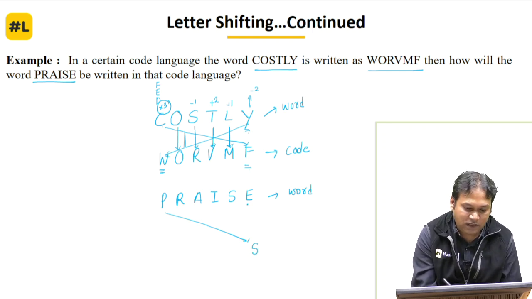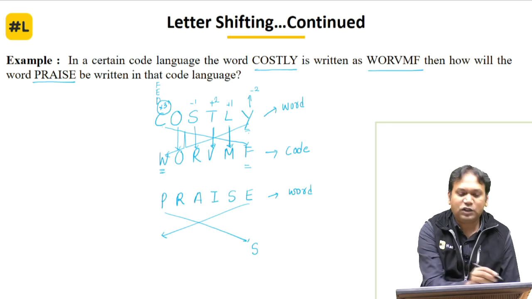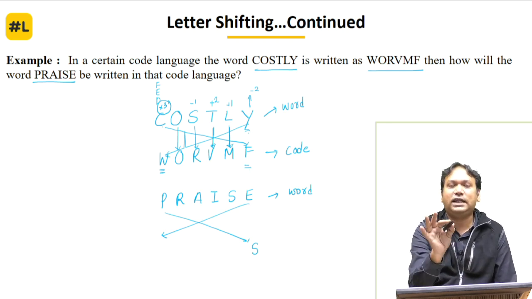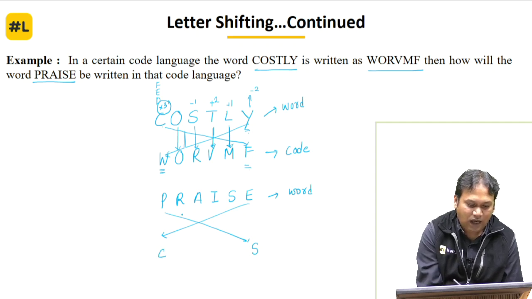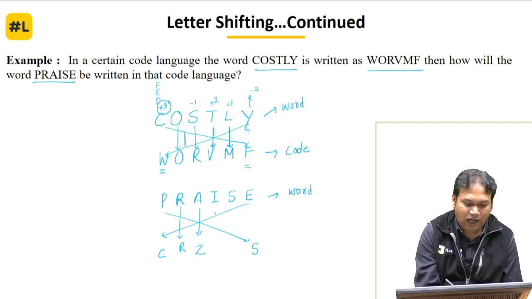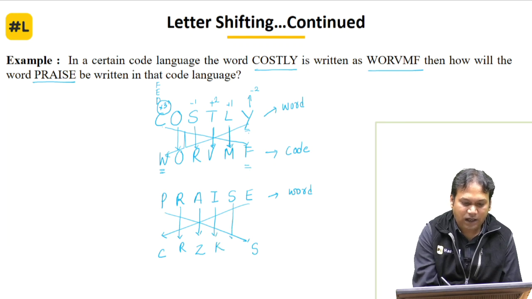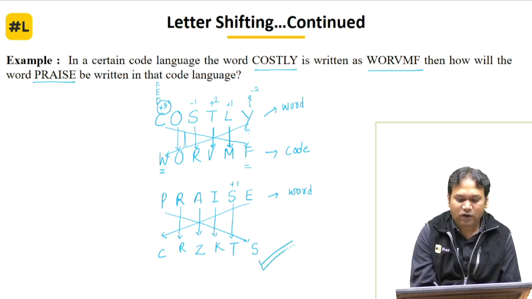and E minus 2. If answer options are there, it will be better for you to understand the logic and solve the question accordingly. E minus 2, D and C, R remains as it is, then we do the same thing, A minus 1, I plus 2, J K and S plus 1, T. So that could be your answer.